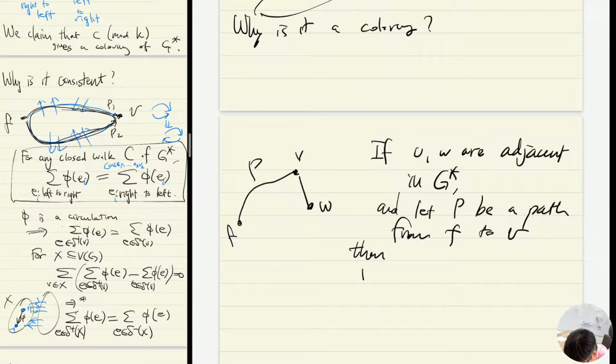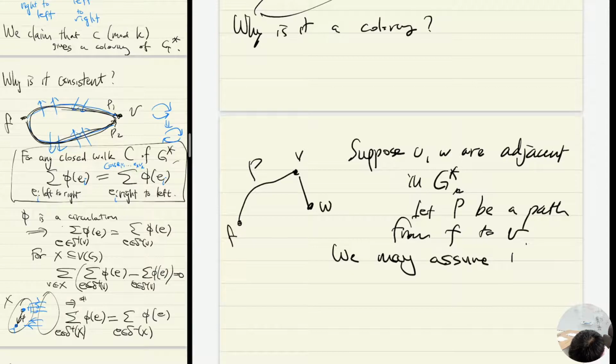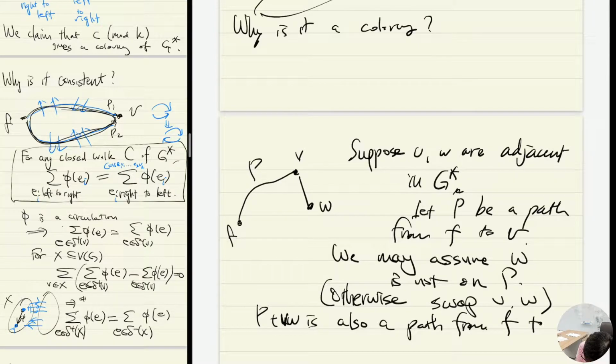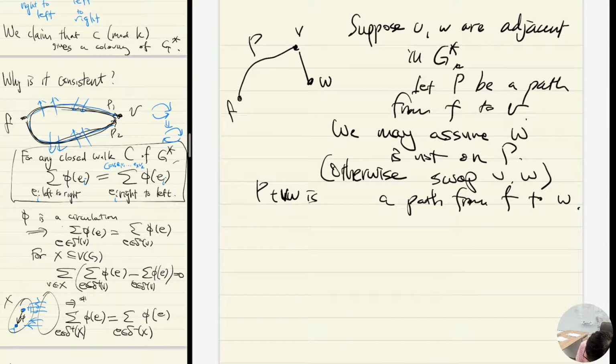We may assume w is not on P. Otherwise, swap v and w. Now, P plus vw is also a path from the fixed vertex to w.